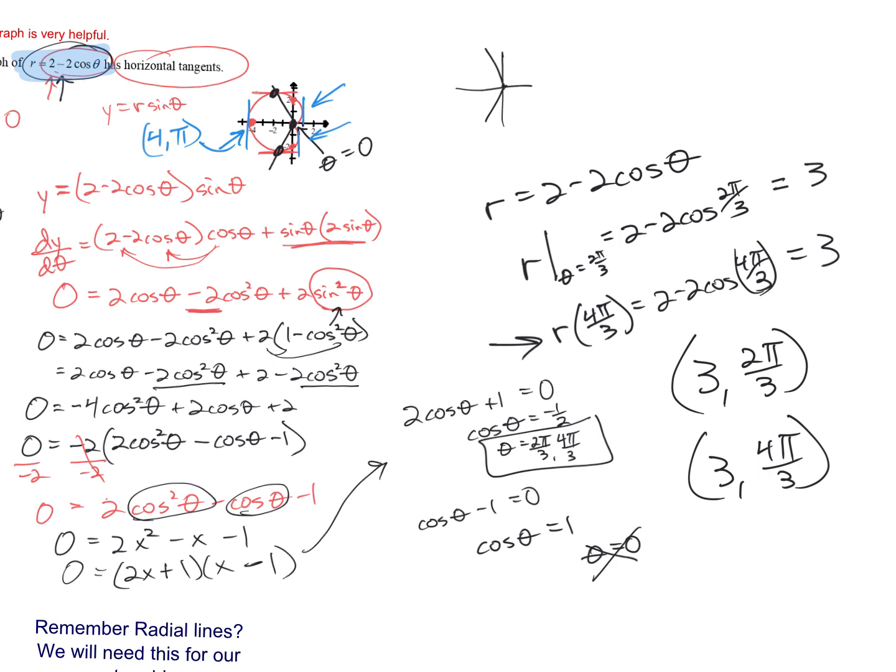So you start with dy dx, but that was dy d theta over dx d theta. So you're actually looking, where is dx d theta equal to 0, and that'll be where you have vertical tangent lines, okay?